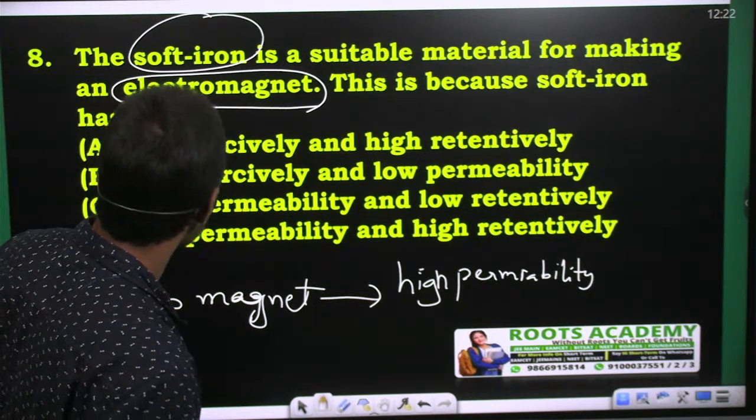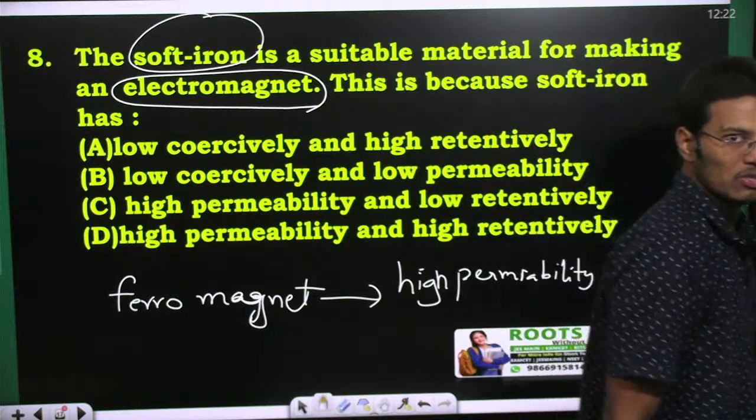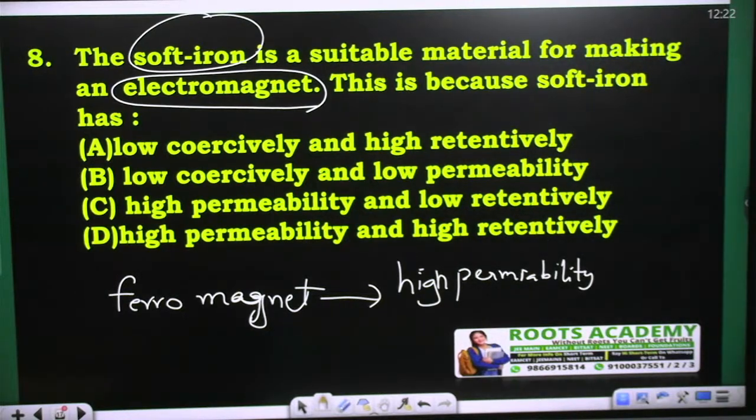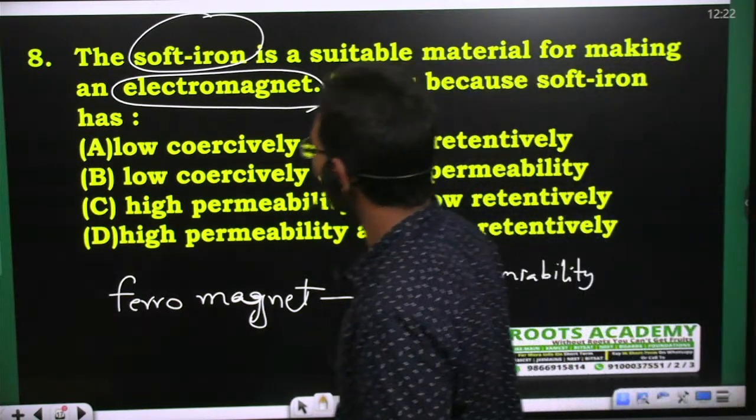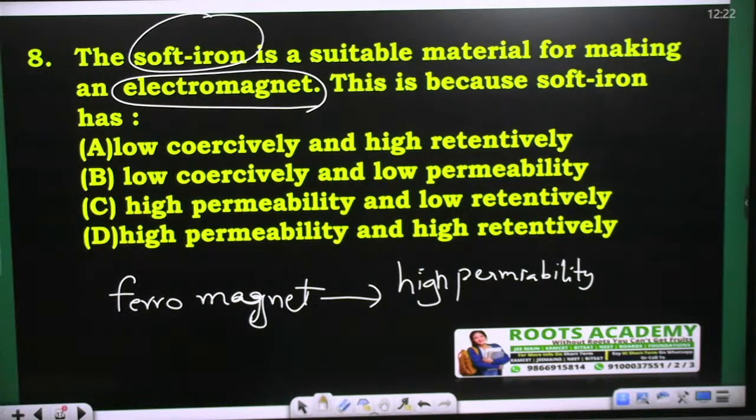So how about the electromagnet? What are the properties of an electromagnet? It should have low retentivity. It should magnetize or energize quickly and demagnetize quickly. That is an ideal property of an electromagnet, because it should act as a magnet when d phi by dt, the rate of change of flux, happens.